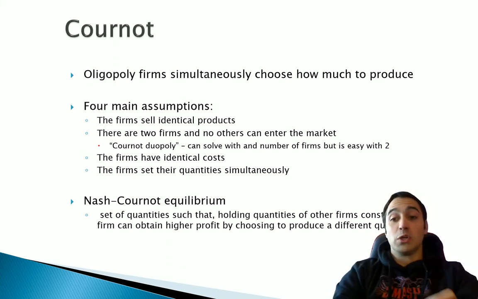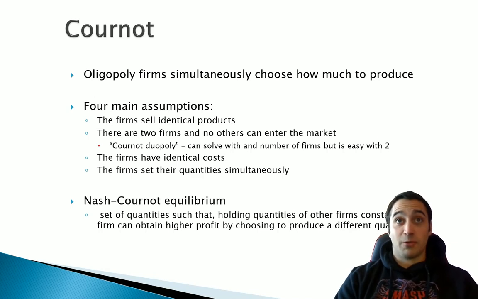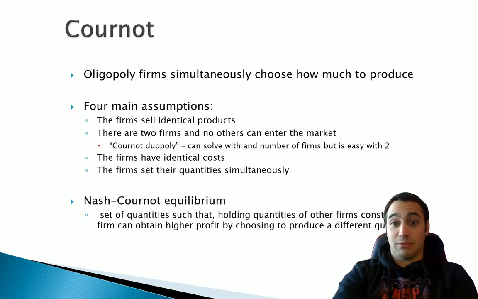Second, we usually will assume, for simplicity, that the firms have identical costs. You can relax this and solve exactly the same way, but for starters, we'll assume they have the same marginal costs. Lastly, firms set their quantities simultaneously. They go 1, 2, 3, go! And then they've released however much quantity they've decided.